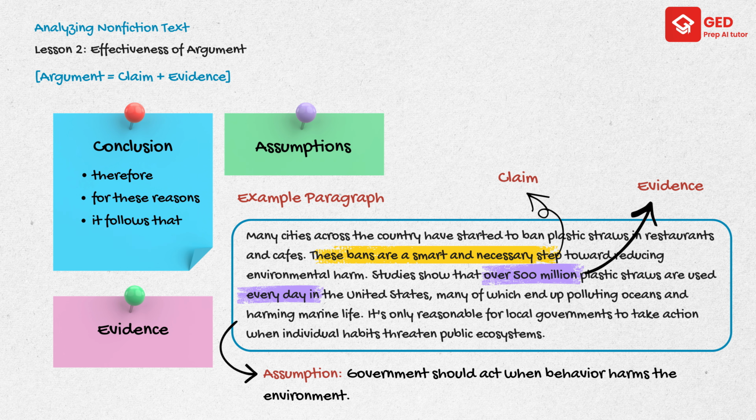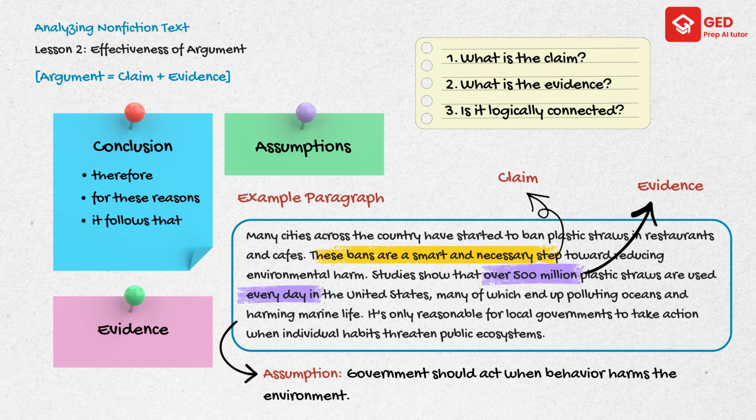The writer assumes that when public behavior harms ecosystems, government intervention is justified. If that assumption were false, the argument would weaken. So to evaluate an argument's effectiveness, always identify the claim, the evidence, and the logical bridge connecting them.